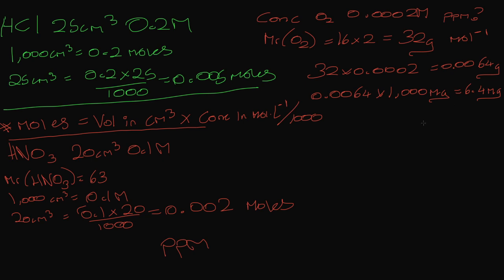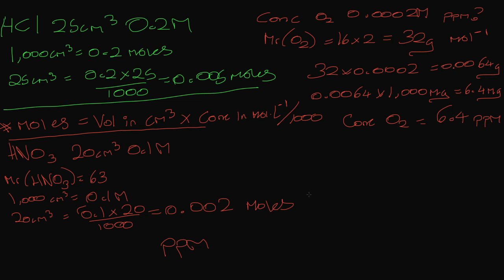The concentration of dissolved oxygen in the water sample is 6.4 ppm. So milligrams and ppm are the same measure, okay?